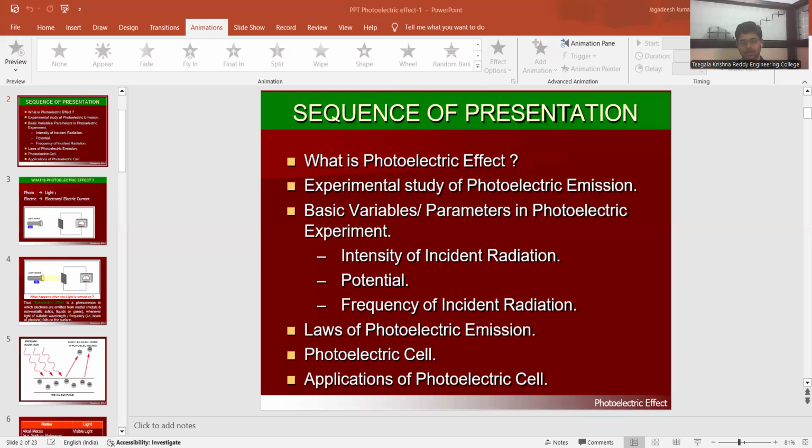That is the difference between classical mechanics, quantum mechanics, and the photoelectric effect.